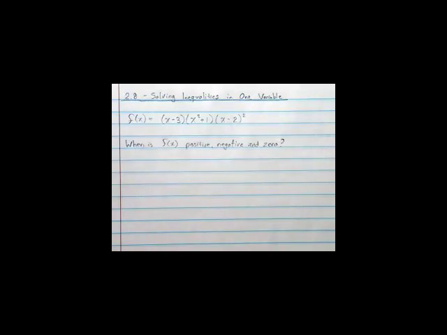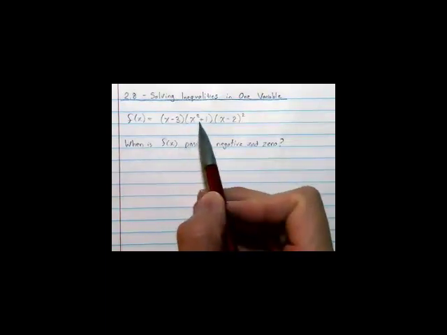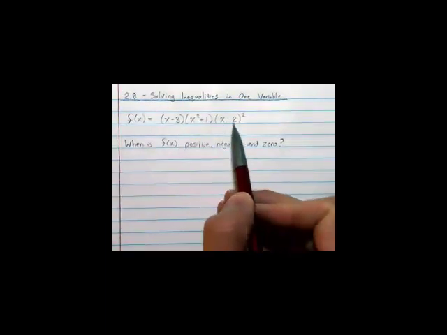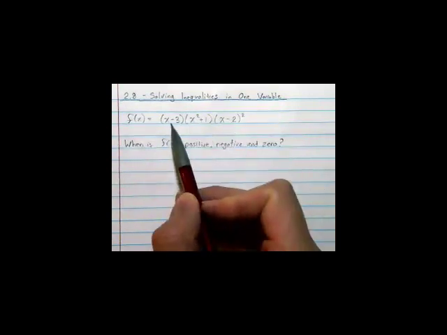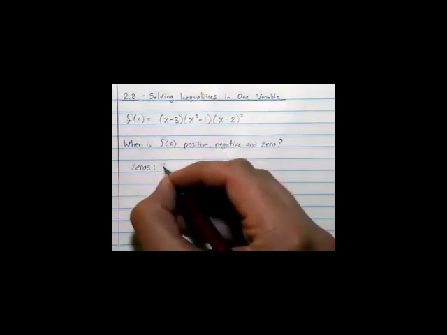Okay, I'll help you out a little bit. Yeah, so we use the fact that if any one of these factors is equal to 0, that makes the whole thing 0, right? So what number makes x minus 3 equal to 0? 3. So we'll start writing these down. Our zeros are at 3.